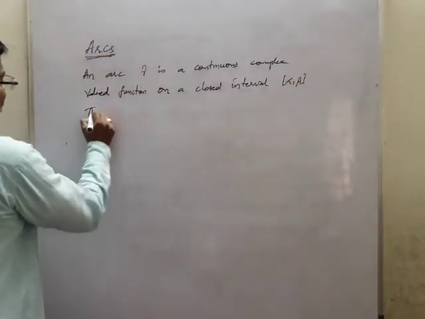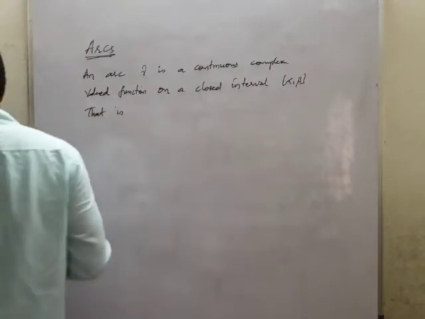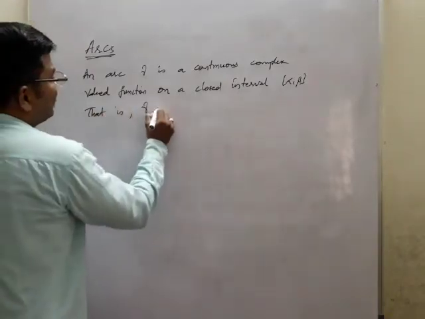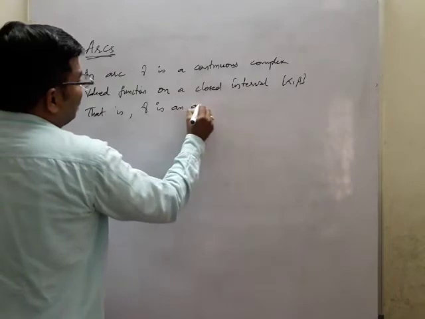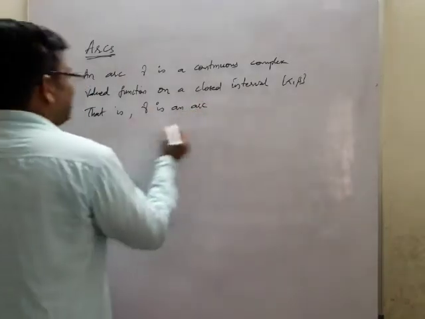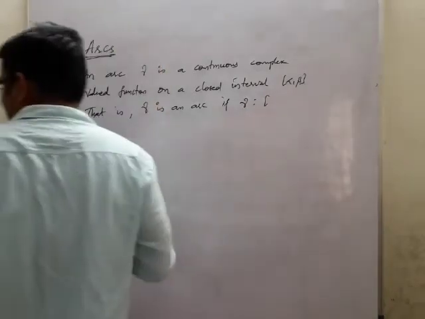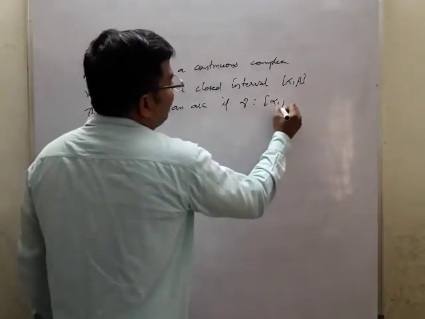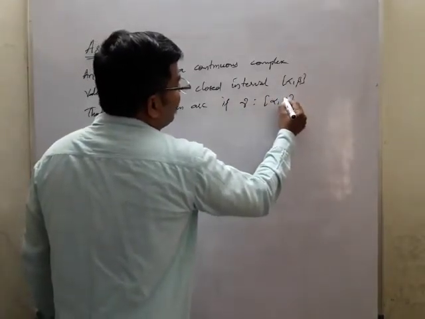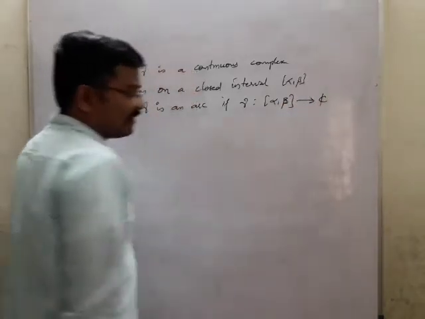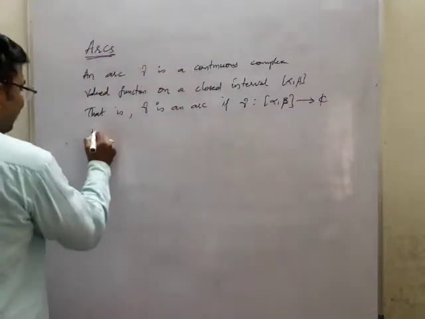That is, gamma is an arc if gamma from alpha comma beta maps to some complex region.